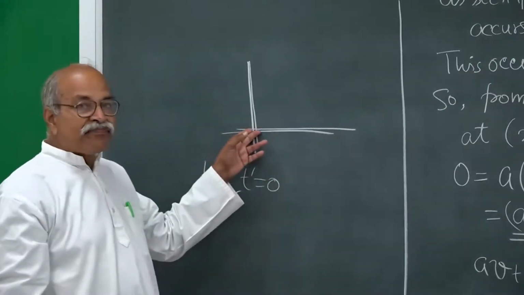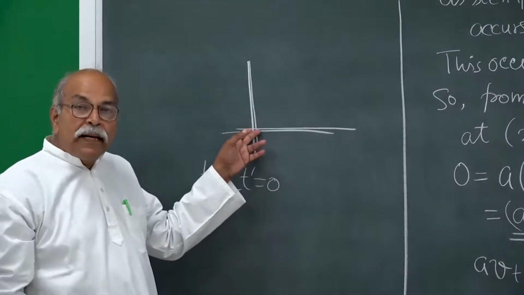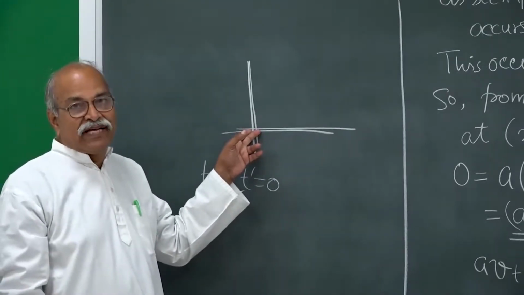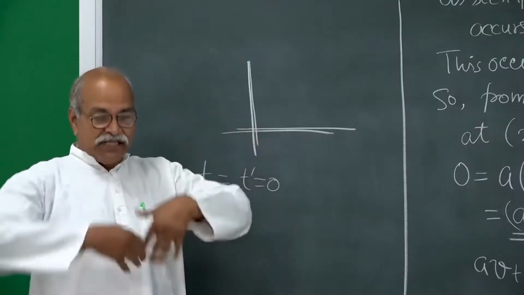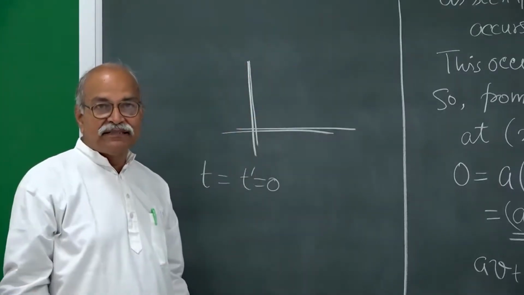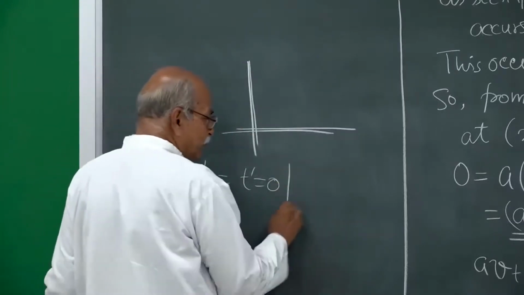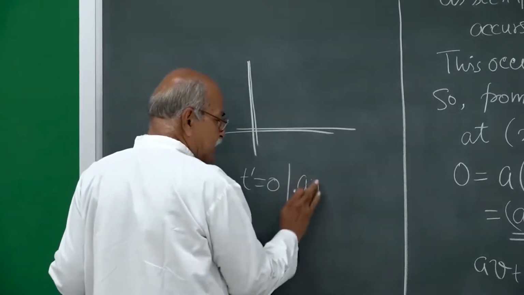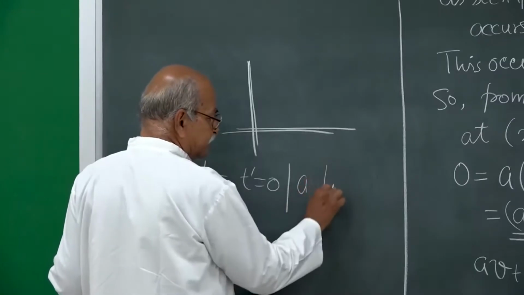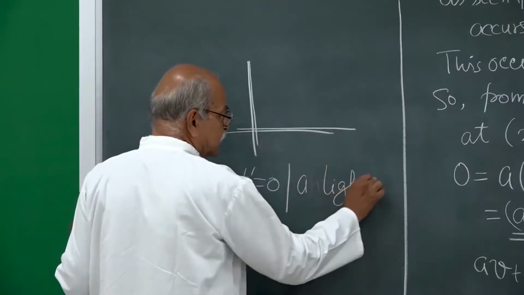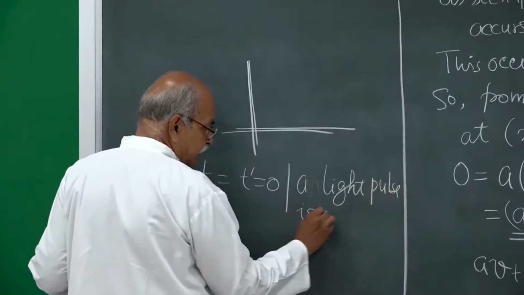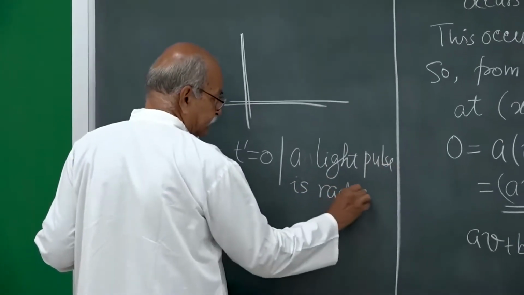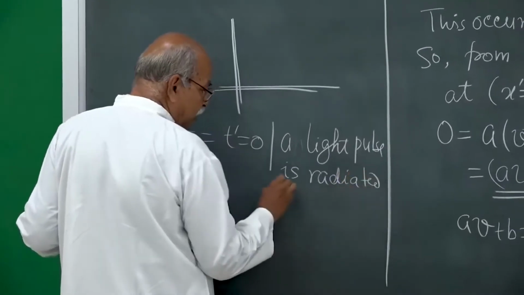At that time, a pulse is generated, an electromagnetic wave is radiated, a short pulse, but which spreads in all directions. Let us call it a light pulse. A light pulse is radiated from the common origin.